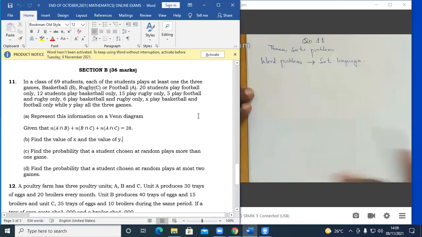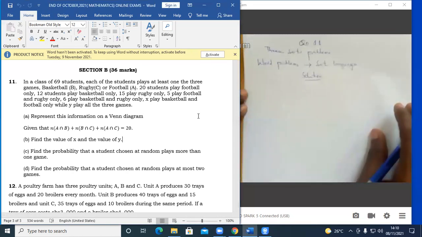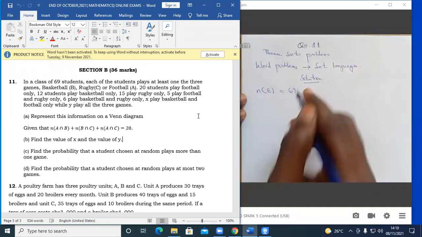So our universal, solution. Our universal was given to be 69.